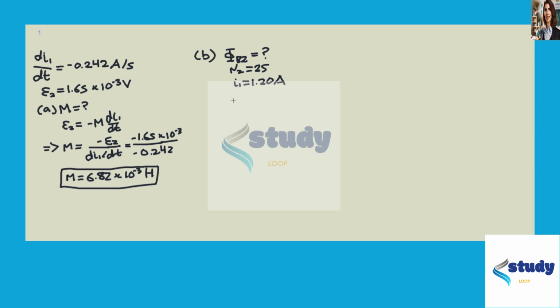So we can use the other equation in the summary of this section that states the following. And so we just do a little bit of rearranging in order to solve for phi B2.